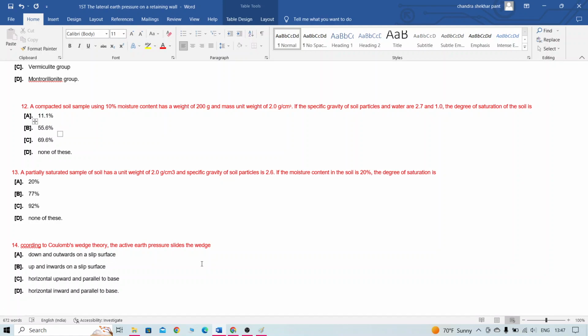From this we just calculated gamma d. It is asking us about the degree of saturation, that is S. So we have a relation, Se equals wG.